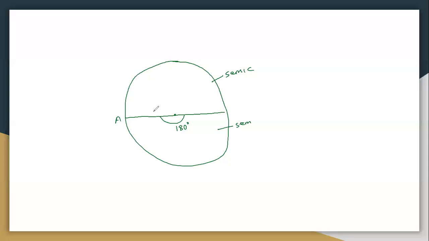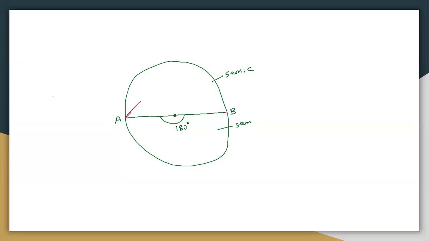If this is A and this is B, we have said from our previous theorem that any line that is going to be formed inside, this is now our arc that we are considering. So any angle that is going to be formed, as long as the chord is originating from A and B, will always be half.